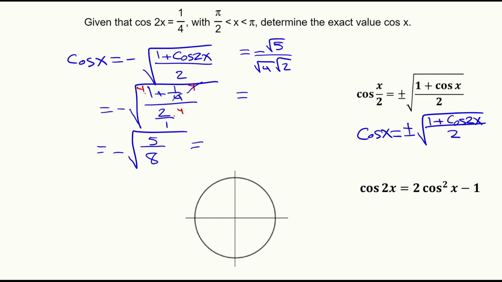So we can bring out the largest perfect square out of there. So that's negative square root of 5 over 2 radical 2.